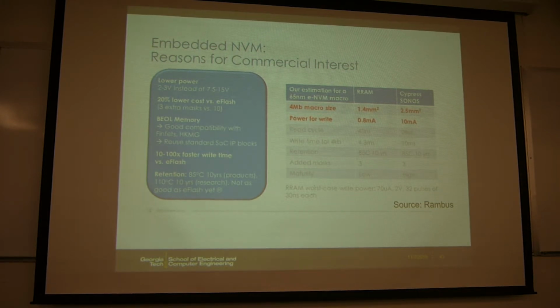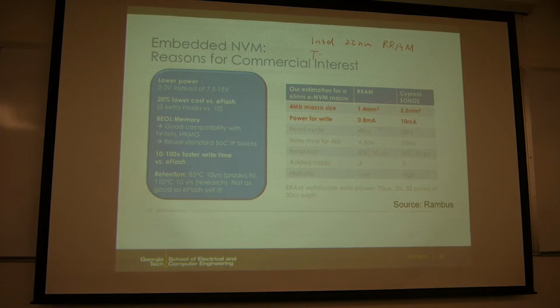And in terms of the embedded application, recently Intel and TSMC both announced their embedded platform for the RRAM. If you look at this year's ISSCC, Intel has a 22 nanometer RRAM process in their FinFET platform.